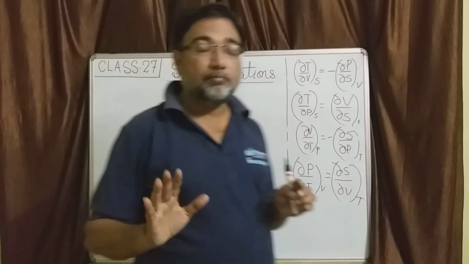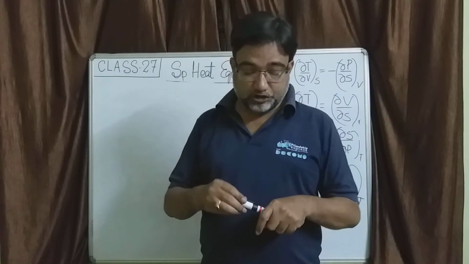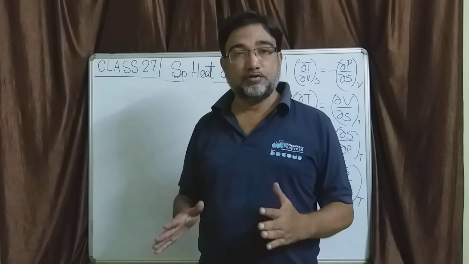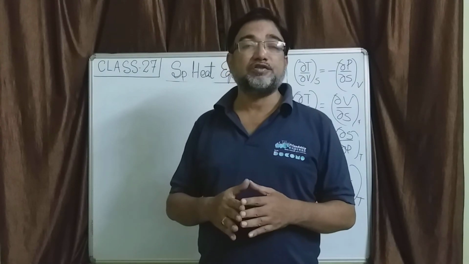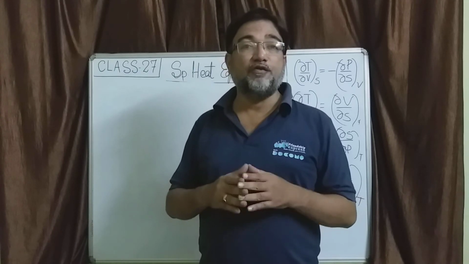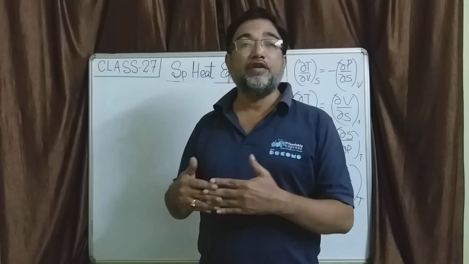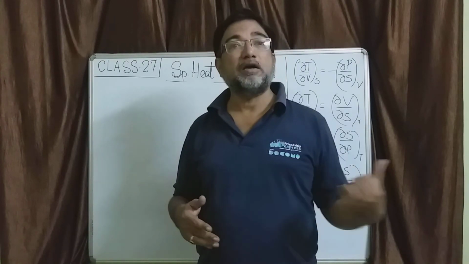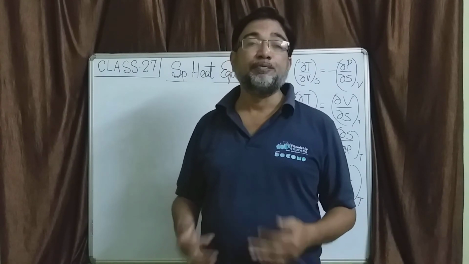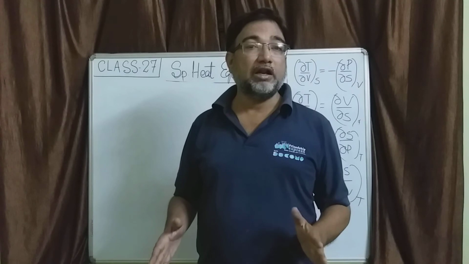So starting from the TdS equation, we saw how specific heat equations can be derived. The specific heat equation has great significance in the study of thermodynamics. We need to know what is Cp, we need to know what is Cv, and in one of my last classes I told that gases do have infinite specific heats, but these are the two specific heats we frequently encounter, so we are making an analysis of this.